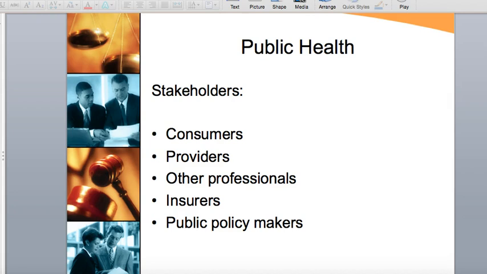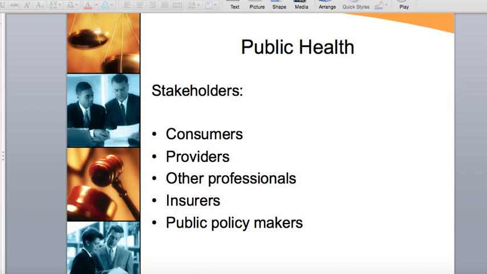Again, if you look at this list, you can see where some stakeholders may have more power than others. For example, providers in the healthcare systems may have a lot more influence and power over healthcare direction than the consumers, who are those who receive the healthcare services.